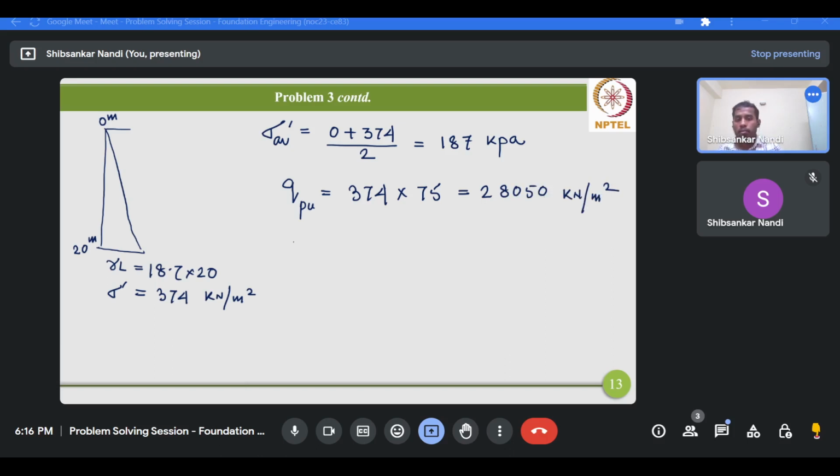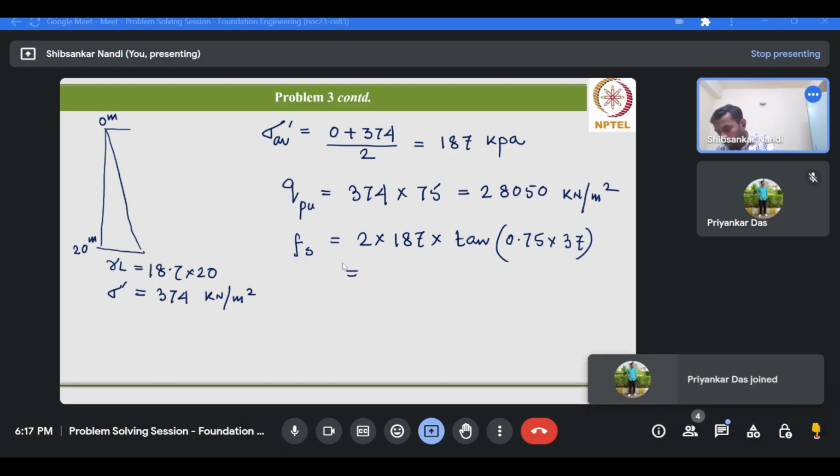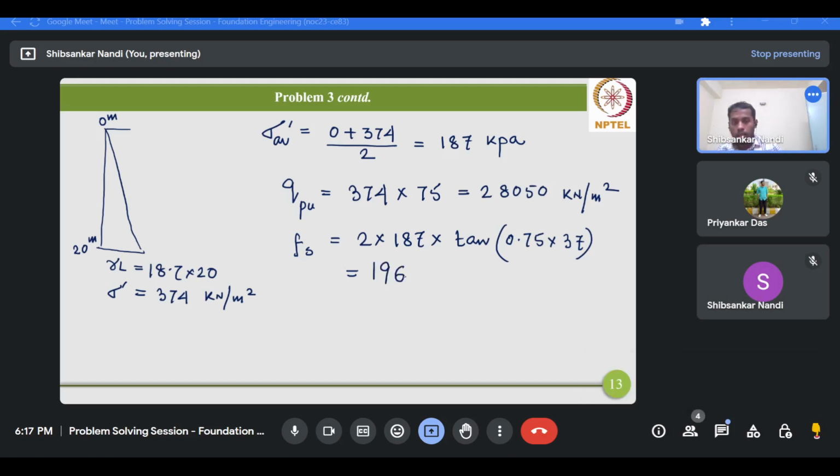And for the skin friction, this is K times 187 times tan of 0.75 times 37. Okay, so this is 196.77.